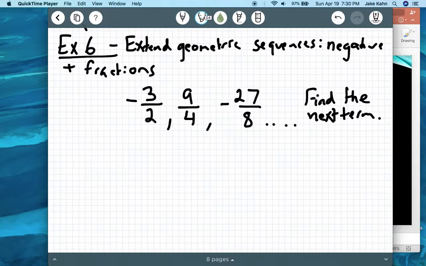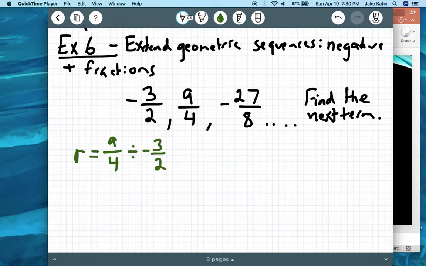Well, the common ratio is equal to the second term divided by the first term, or the third term divided by the second term, right? So I'm going to do the second term divided by the first term. I'm going to do 9/4 divided by -3/2.